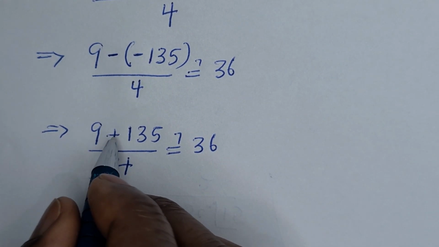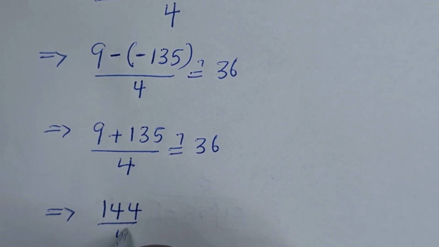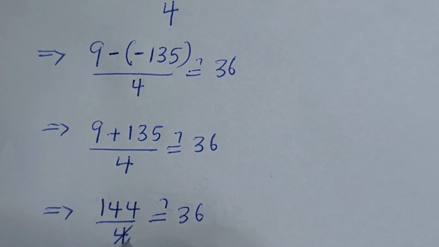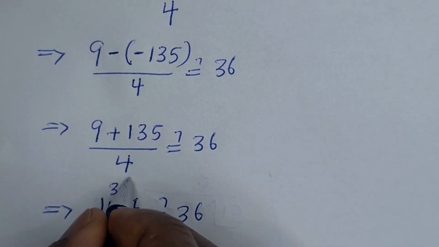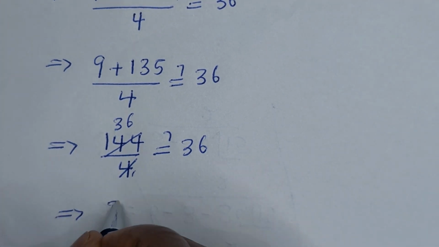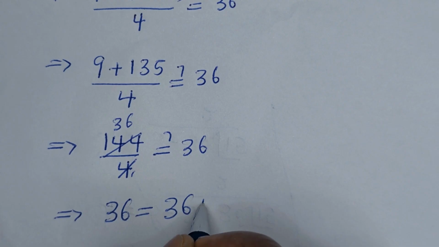And this is 9 plus 135, that is 144 over 4 must be equal to 36. 4 here 1, 4 here 36. Therefore, the left hand side 36 is equal to the right hand side 36, which is true.